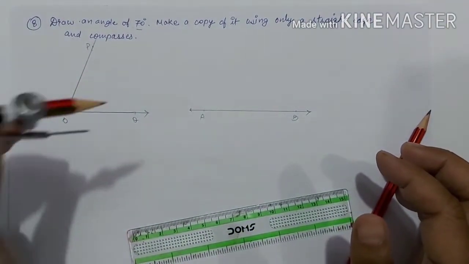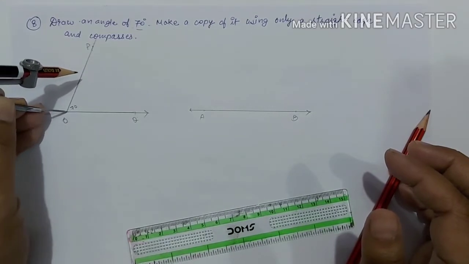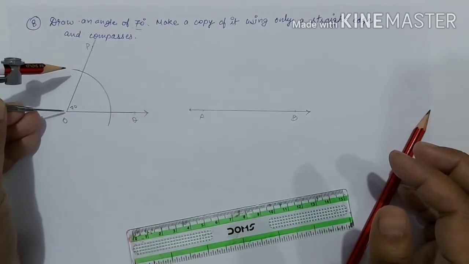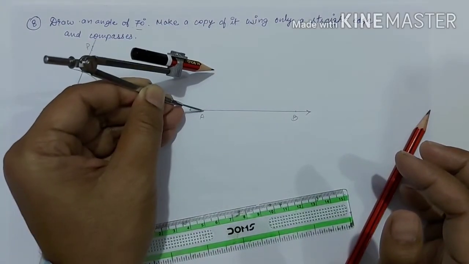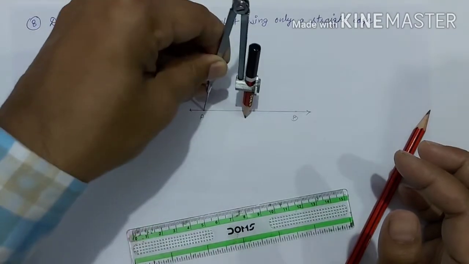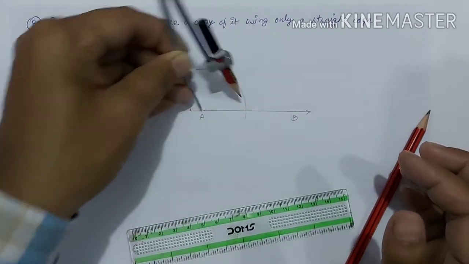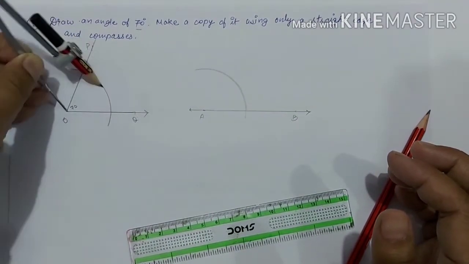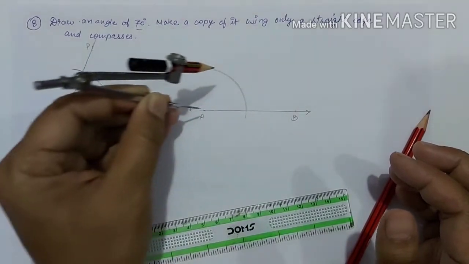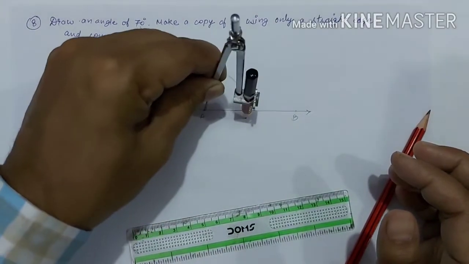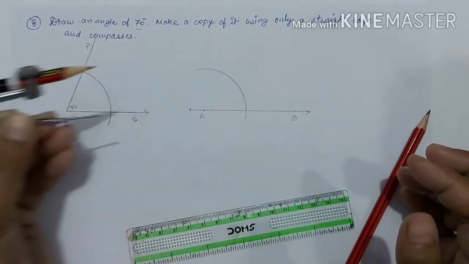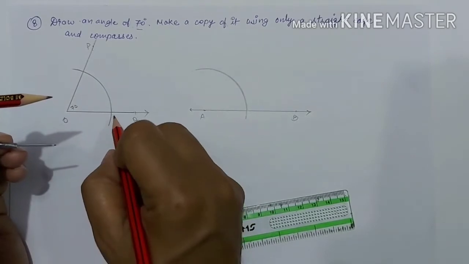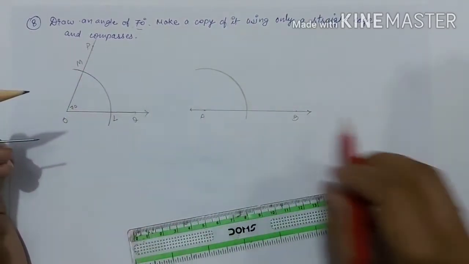First with center O draw an arc. Now with the same radius, with center A, draw an arc, without changing the radius. After the cut, the points are L and M.